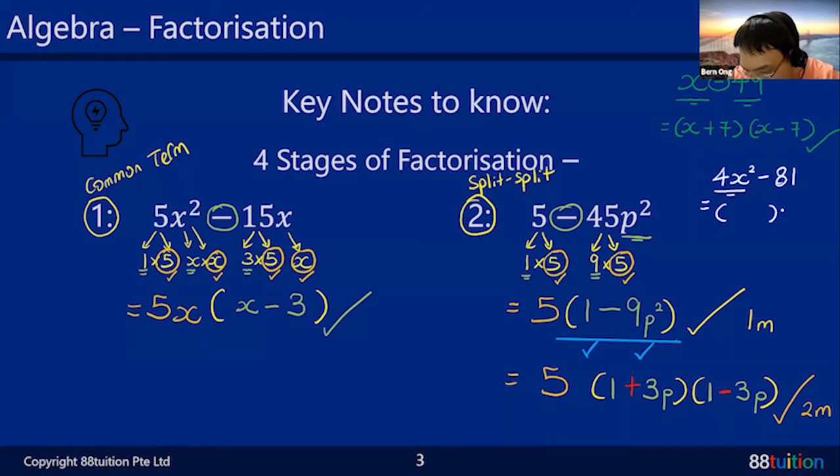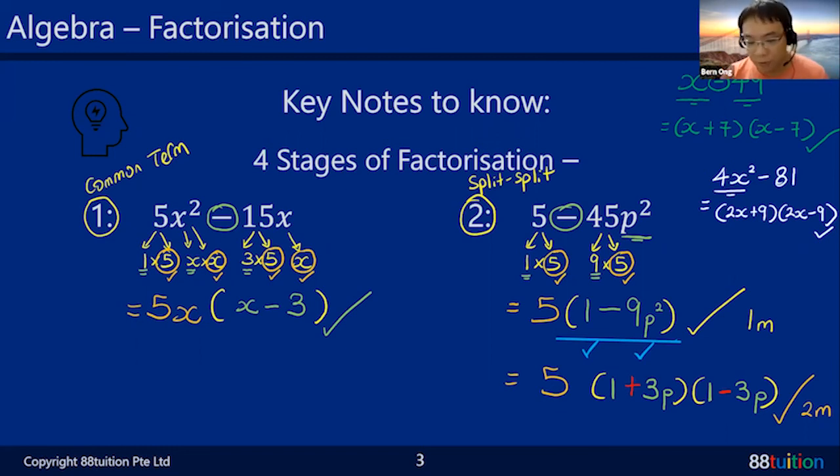We open 2 brackets and we split. 4 is made out of 2 times 2. X squared is x times x. What times what gives you a 81? Must be the same number. So it's 9 times 9 is a 81. 1 plus and 1 minus. Voila. Fun, right? This is called factorization by split.